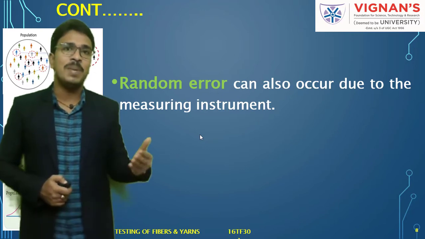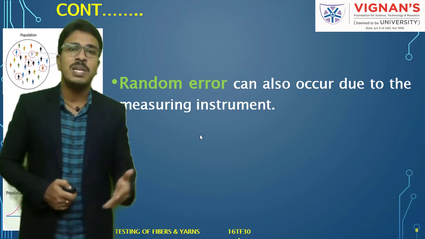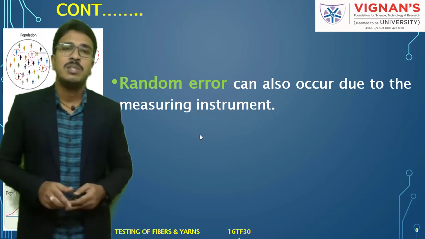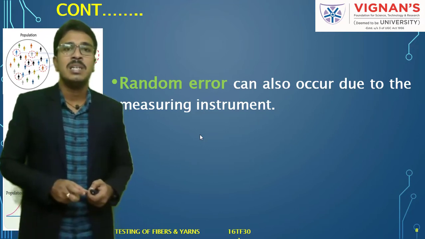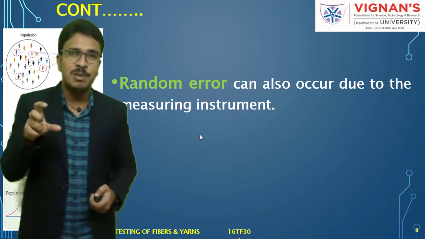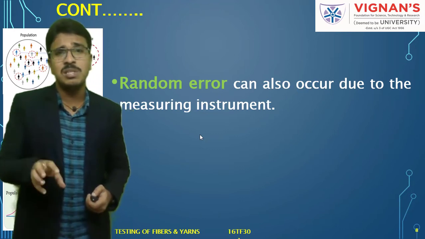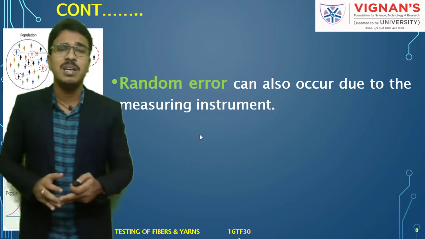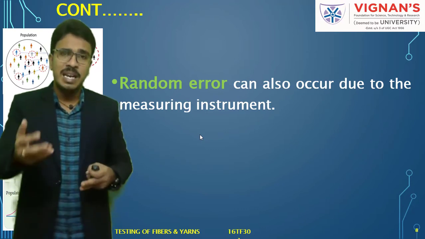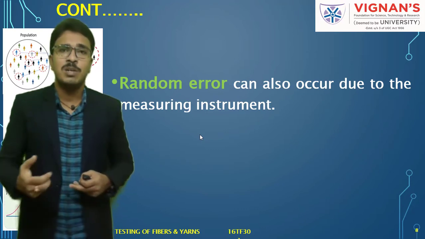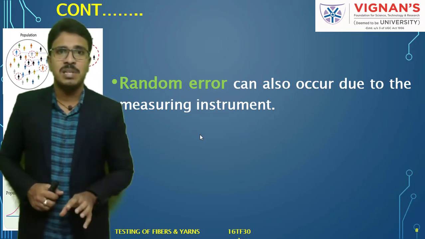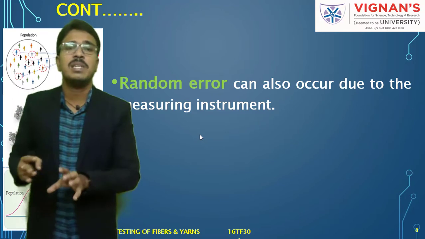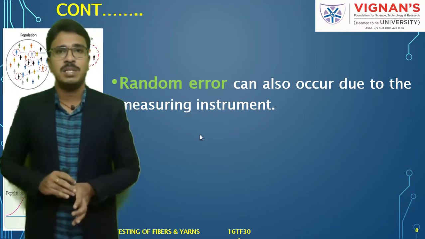Sampling error means that while doing sampling, the person who is doing the sampling is doing some process or procedure in a wrong way, so that because of those errors the results of the samples are not a true representative of the entire population.